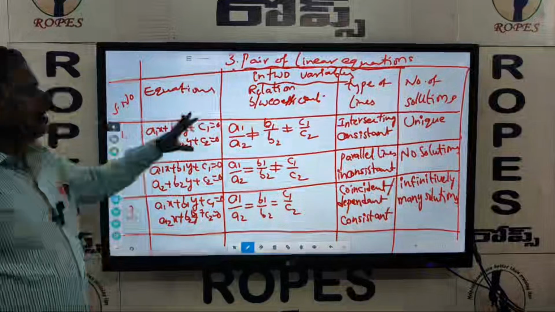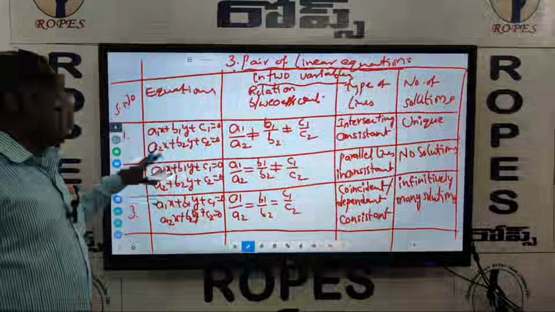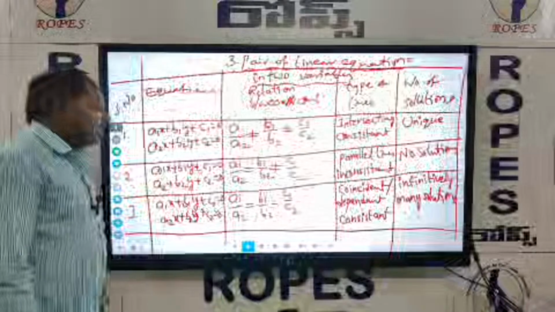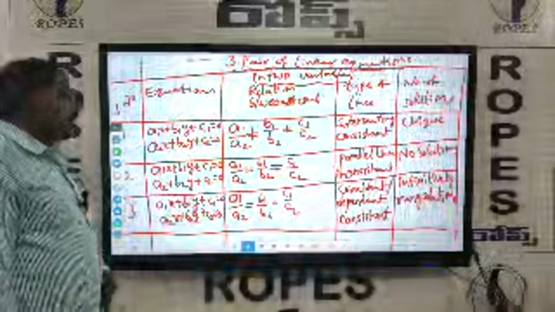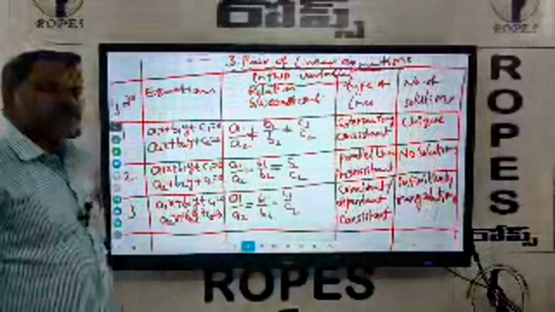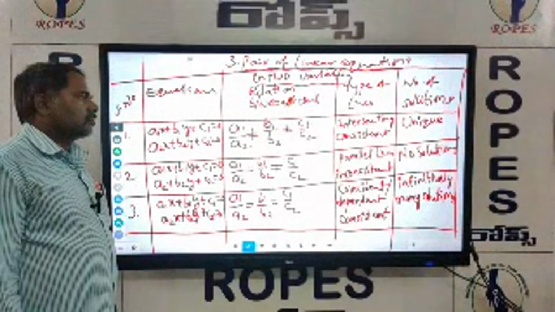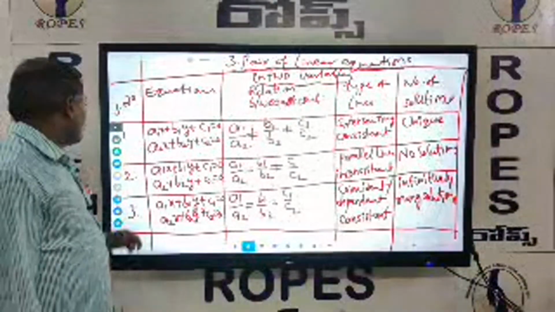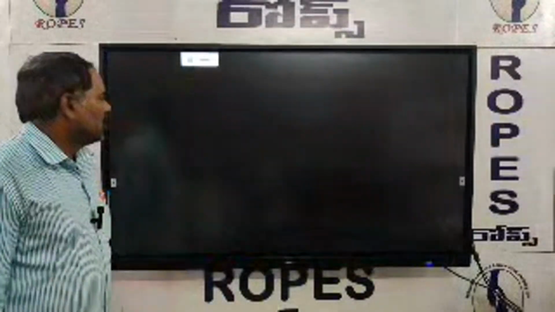So all of you, on this relation between number of solutions, understand everyone carefully again. After this we'll move to another step. Now we'll move to another step.